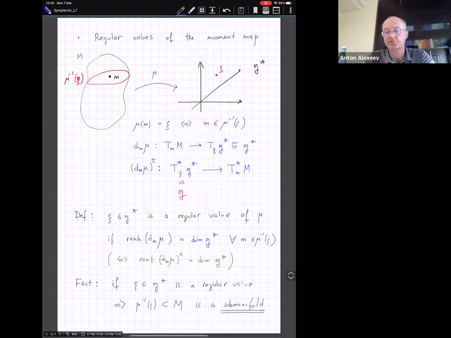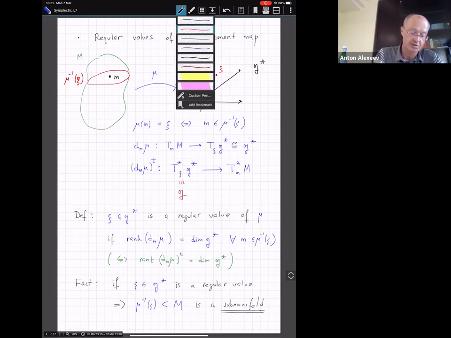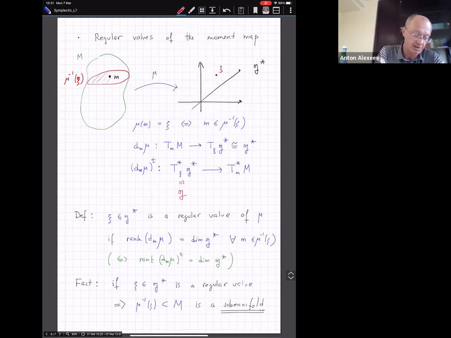This is quite important for us because, of course, we can try to also work with various singular objects, singular spaces and so on, but we prefer to work with nice objects. In particular, this space, mu minus 1 of psi, we want it to be a really nice submanifold within M. And so that's why we're interested in regular values.